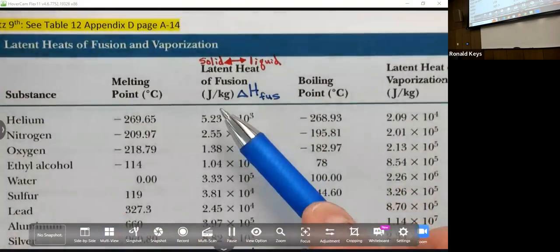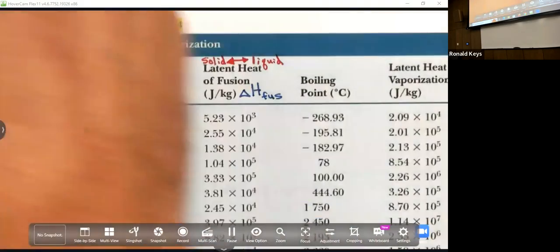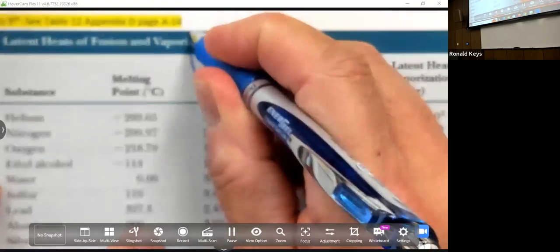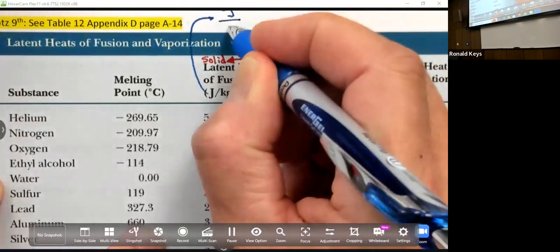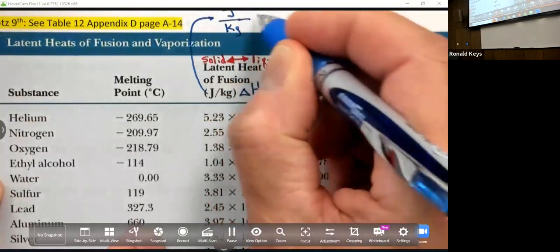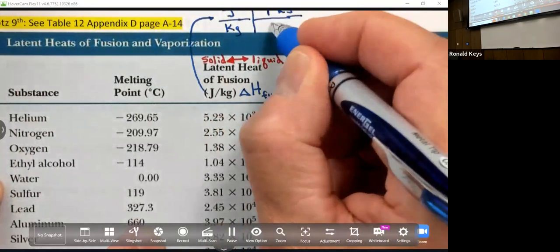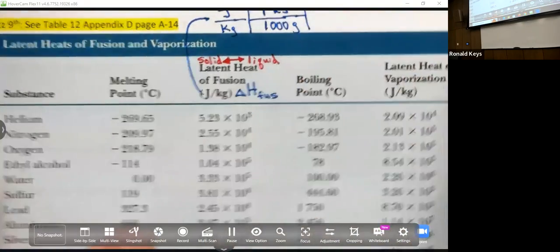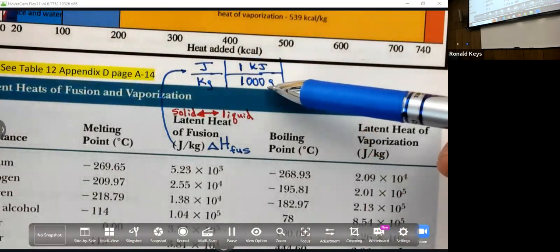Notice the units are in joules per kilogram. But if we are in joules per kilogram, you know that 1 kilogram is 1,000 grams. So if you want it in joules per gram, we just divide by 1,000 or move the decimal 3 to the left.